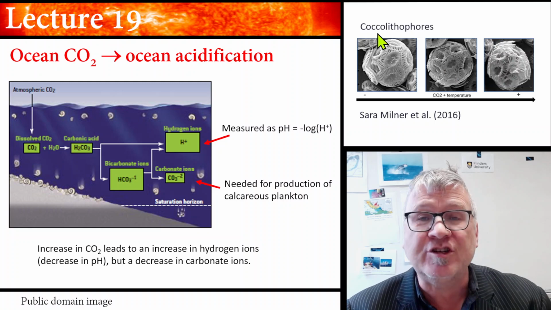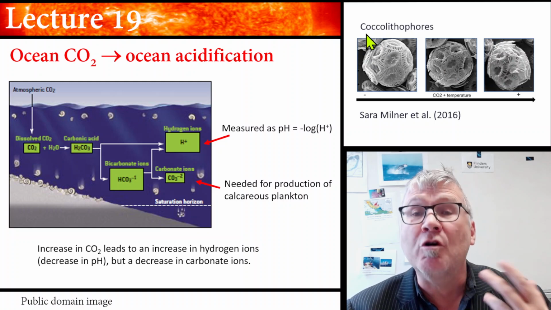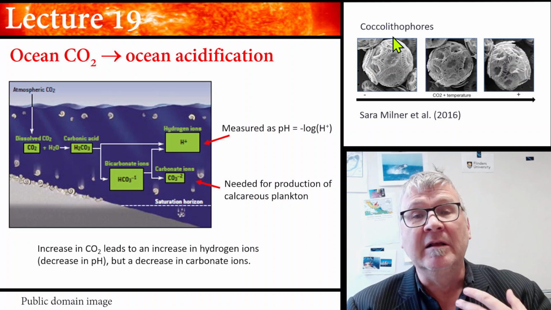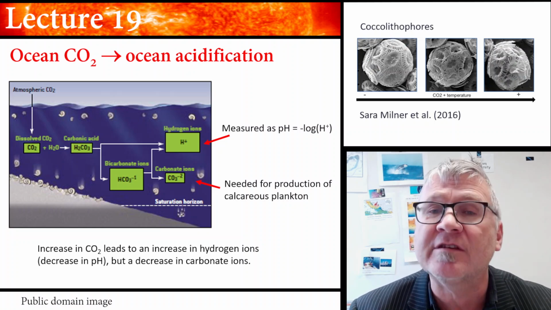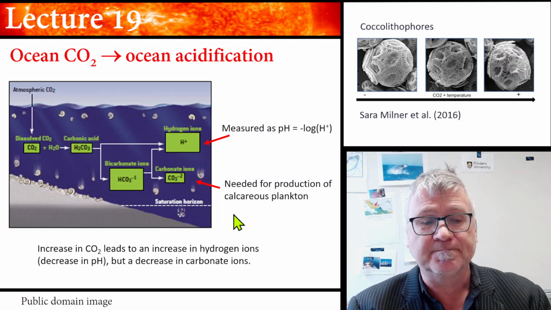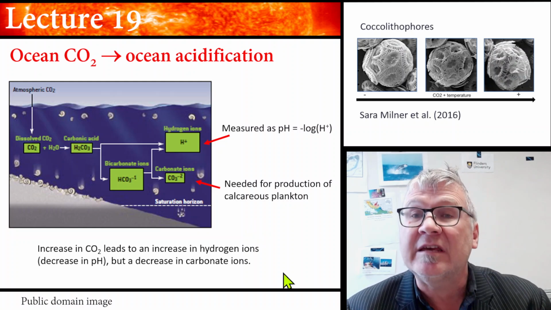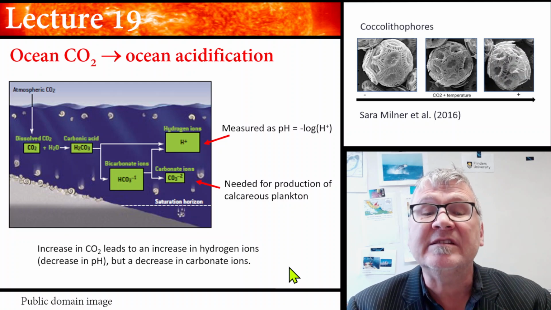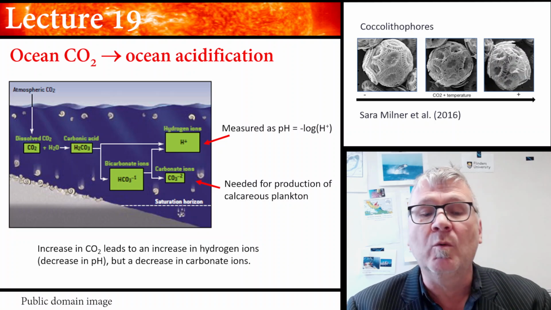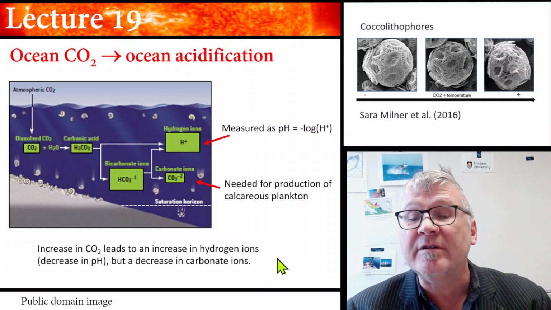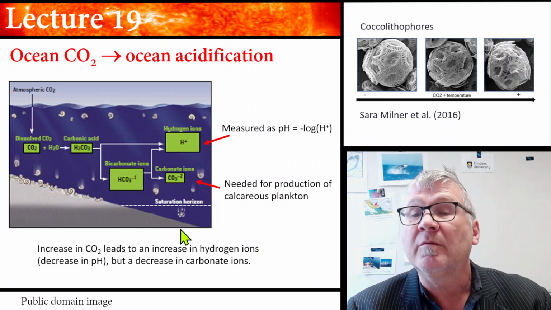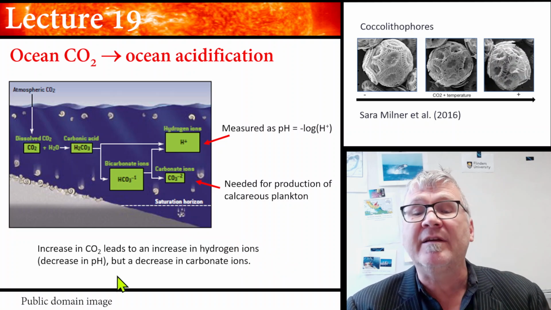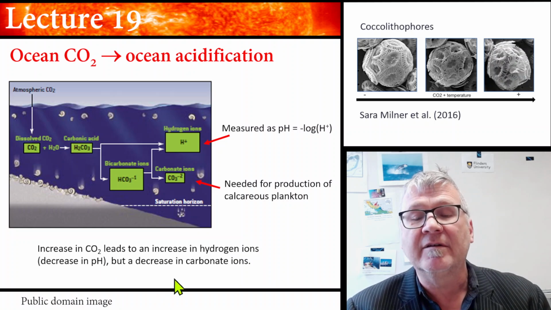Instead of formation, there will be corrosion. There will be corrosive environments, and these will imply dramatic shifts in marine ecosystems. So now comes the key part in this little sentence here. An increase in CO2 in the seawater leads to an increase in hydrogen ions, which means that the pH value drops, but a decrease in carbonate ions.